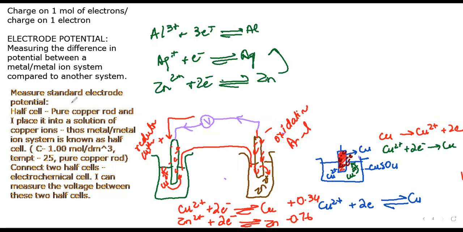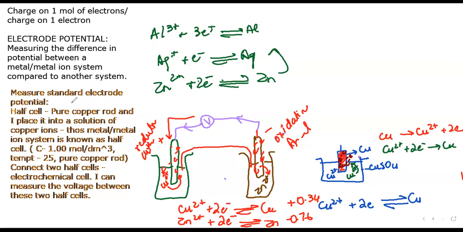The other possibilities: we can have a metal and a metal ion half cell like this. The second possibility is we can have a non-metal and a non-metal ion, so chlorine and chloride ion, iodine and iodide ion. The third possibility is we can have the ion and the ion half cell, right? So these are the three types of systems that we can use to measure our standard electrode potential.